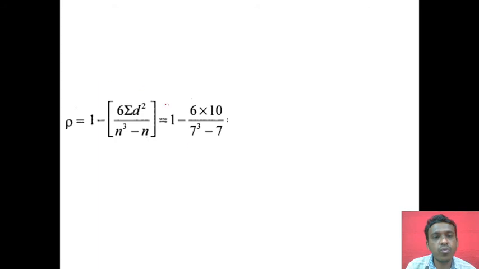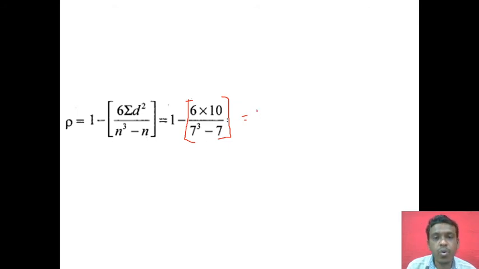So it is equal to 1 minus 6 into 10 upon 7 cube minus 7 in a bracket. Don't forget this bracket as well. Because there is a bracket, you have to solve everything in the bracket, and because there is a division sign in between, the numerator should be solved separately and the denominator should be solved separately.